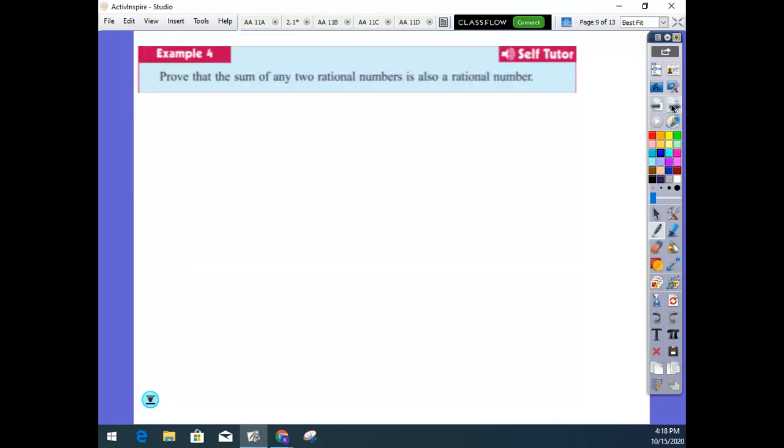All right, so speaking of rational numbers, prove that the sum of any two rationals is also rational. All right, so how do we define rational? Let's just say we have x and y are rational numbers. This is our hypothesis that x and y are rational.